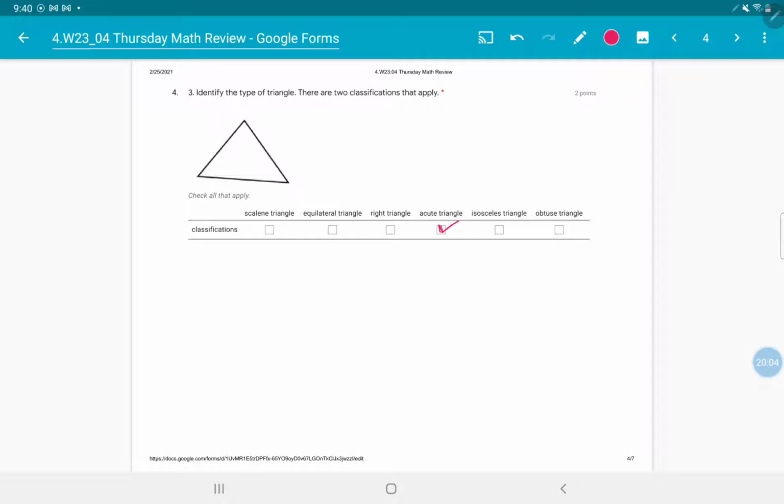Alright, it's kind of hard to tell, but you can use your fingers to measure and judge. So, got about this much. Are those two equal? No. Here to here. Are those equal? Yeah.